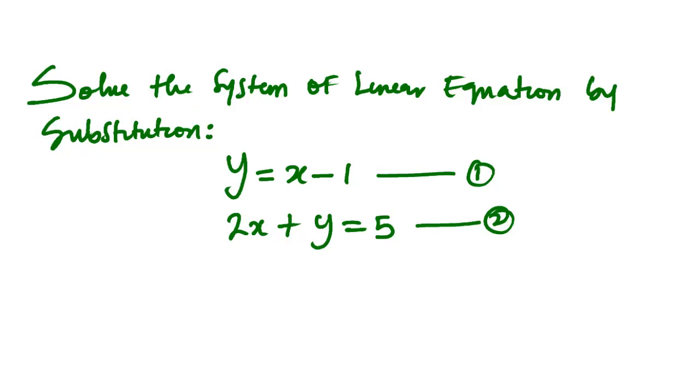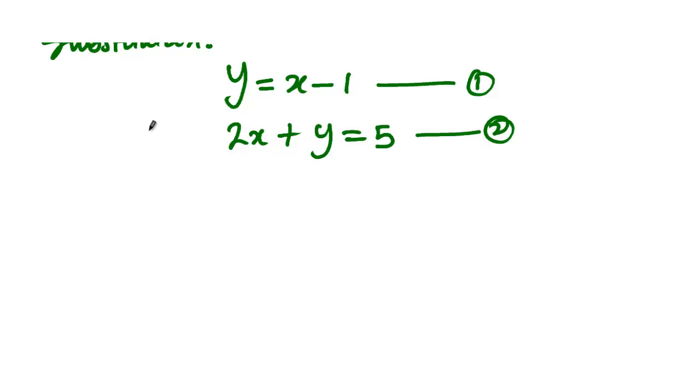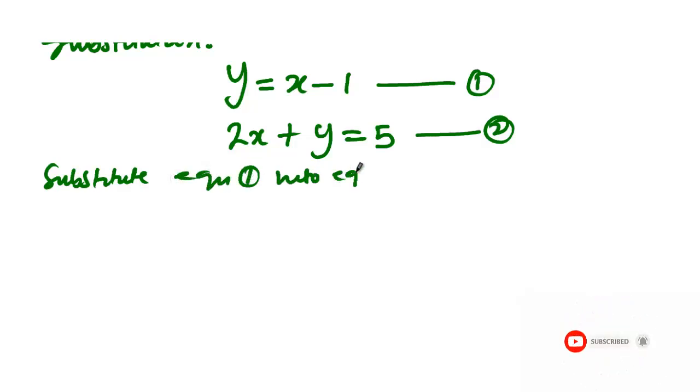All right, so let's go straight to the solution. So from what we have here, I can actually eliminate y, right, by substitution. I will just say substitute equation 1 into equation 2. So equation 1 here, y is already the subject of the formula.